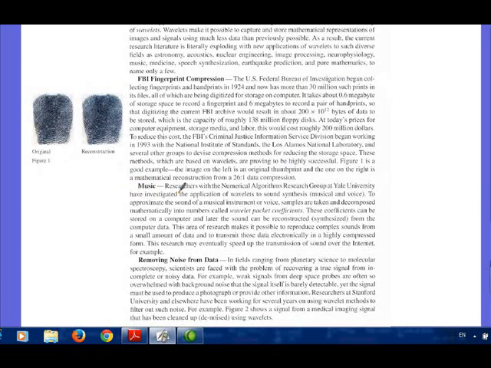Also in the field of music, researchers with the numerical algorithms research group at Yale University have investigated the application of wavelets to sound. By using some calculus functions, they could separate the noise from the functions and make the sound high definition by removing the noise from the data.